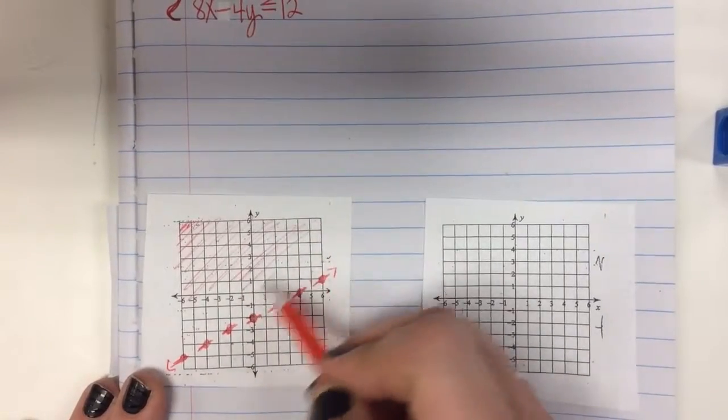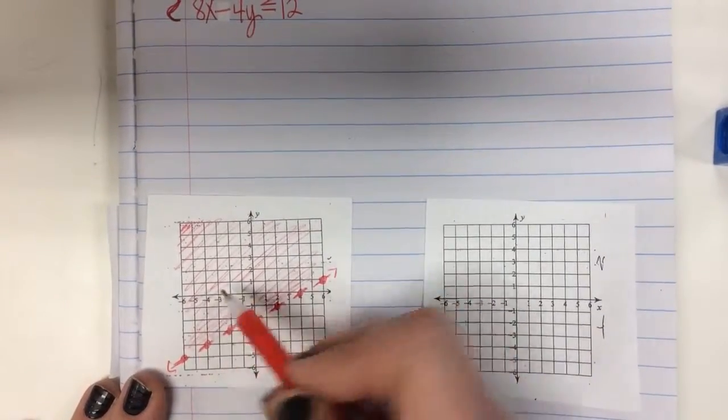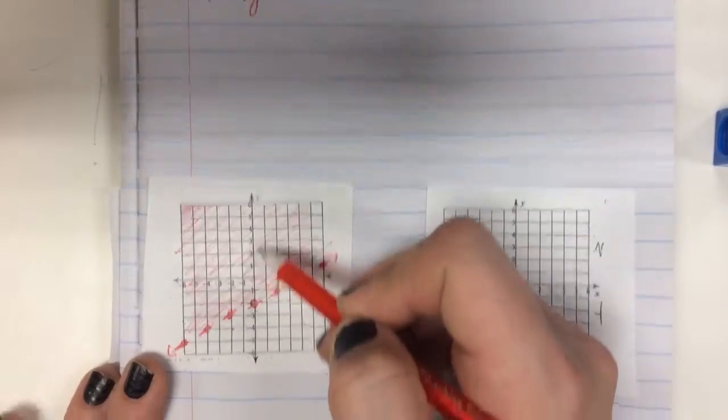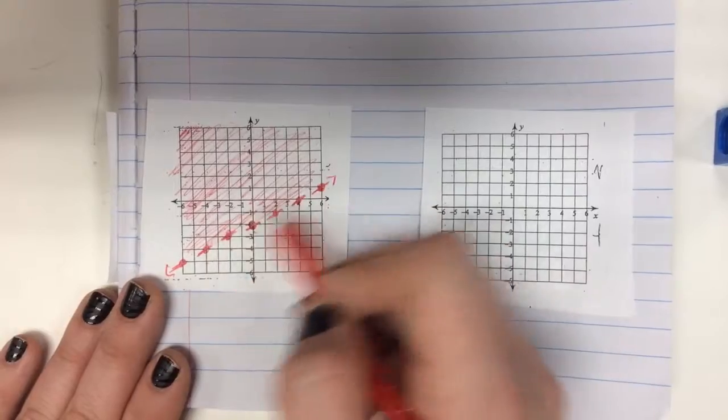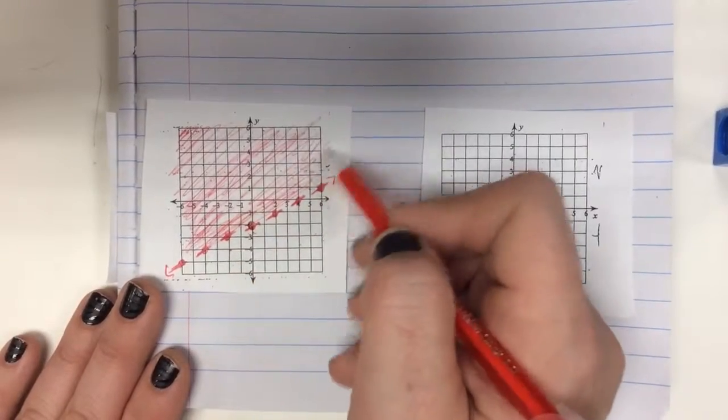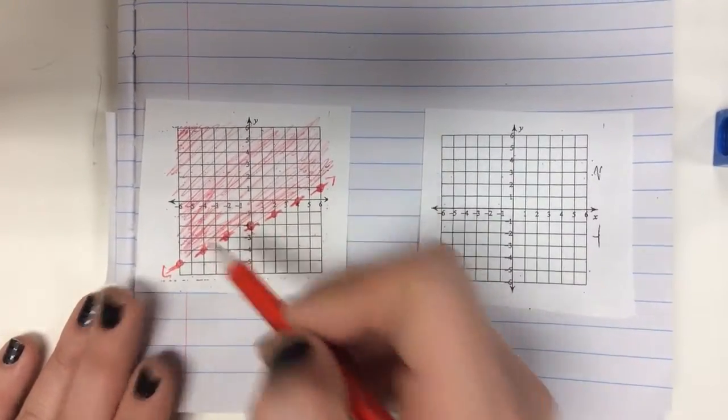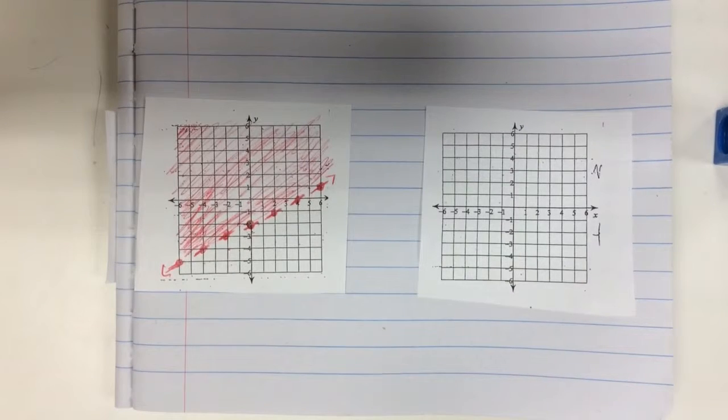Because y is greater. It eats the y. Where does y get bigger? Up here. Now I'm going to switch to a different color, and I'm going to pick a color that contrasts, right? You don't want to necessarily do red and orange because they're so similar to each other.